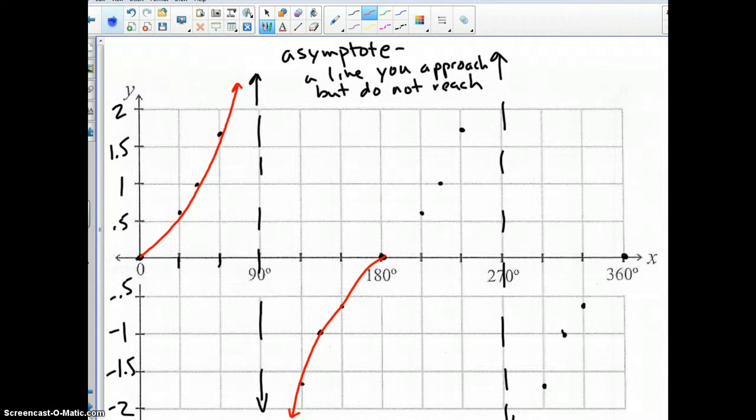Again, we go towards 270, but we can't reach it. Same thing over this way. So our tangent function looks slightly different than the rest.